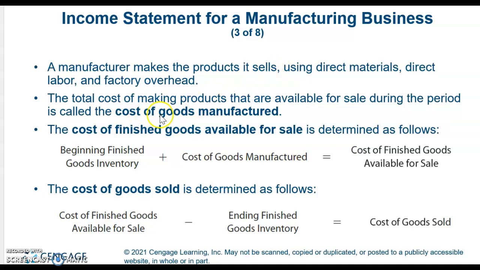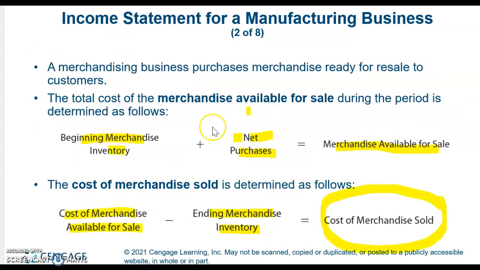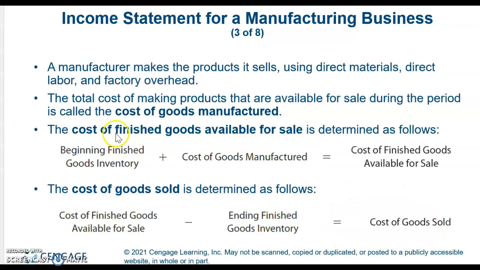And the total cost of making products that are available for sale is called the cost of goods manufactured. Remember, with merchandising, we would say the cost of merchandise available for sale and the cost of merchandise sold. Well, now we're not talking about merchandise. We're talking about manufactured products.